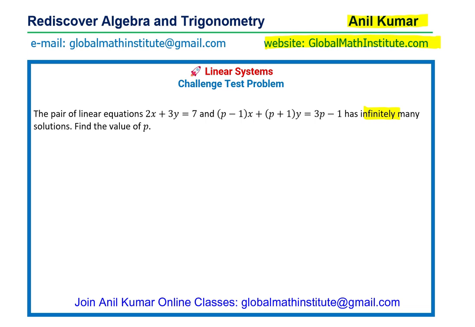Well, the strategy for showing that two linear equations are indeed the same and give you infinitely many solutions is that the ratio a1/a2 = b1/b2 = c1/c2, when the equations are given in standard form, right?